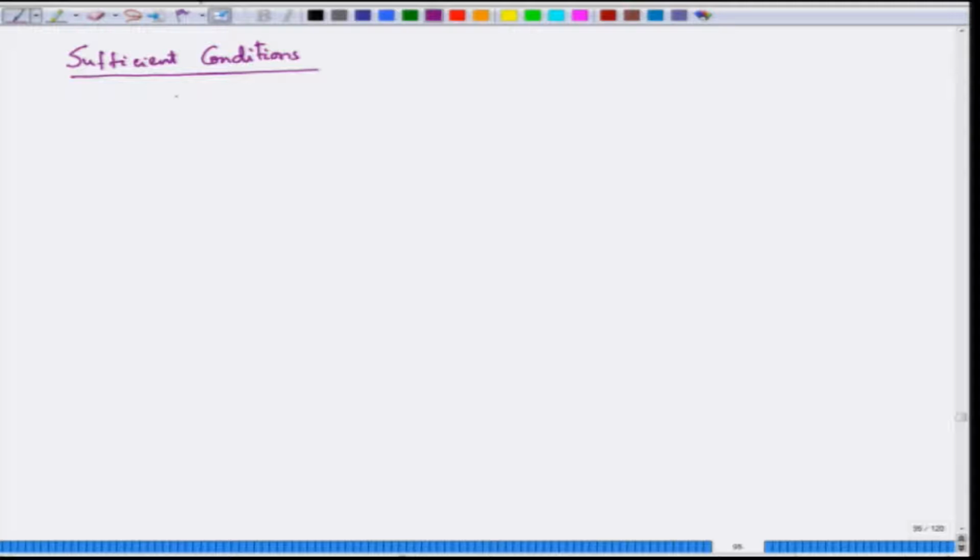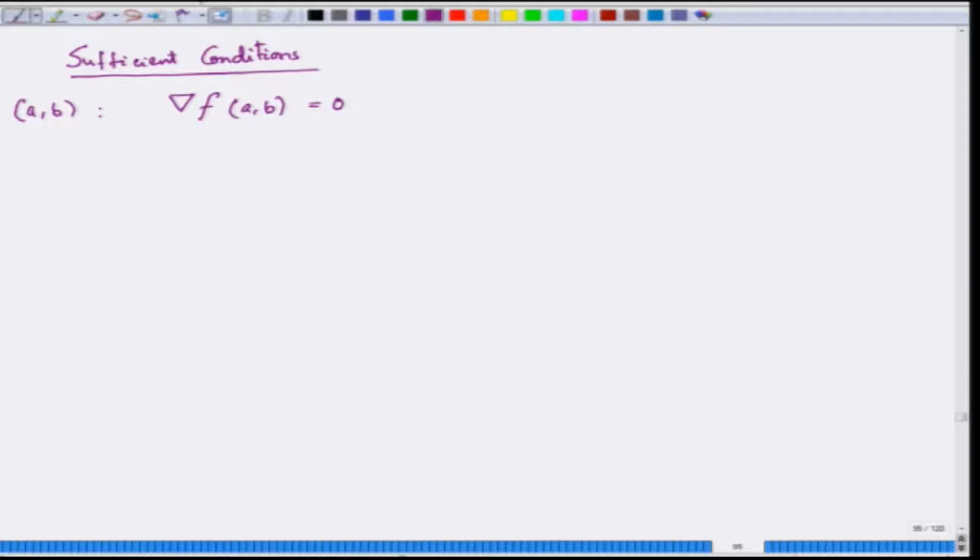Suppose you have a point a b such that the partial derivatives at a b are 0. Now, I am going to check, assuming that the function is twice differentiable or twice continuously differentiable, whether we can have some conclusion about the true nature of a b.